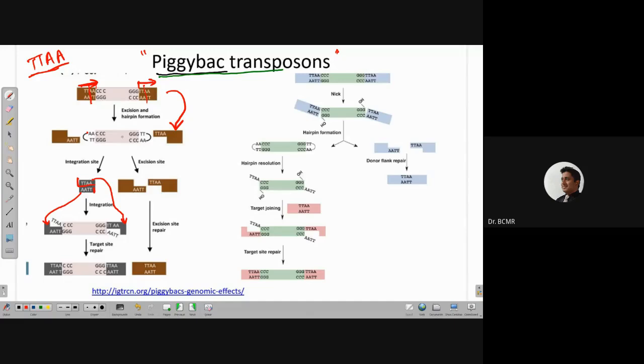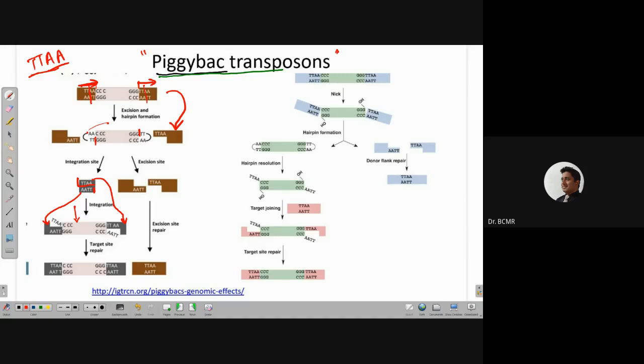The transposon that was in this location with the hairpin loop is now going to come and integrate itself here. When it is integrating, it will make a cut in this location and in this location within the hairpin. The hairpin should be broken, otherwise it cannot integrate into the target site.